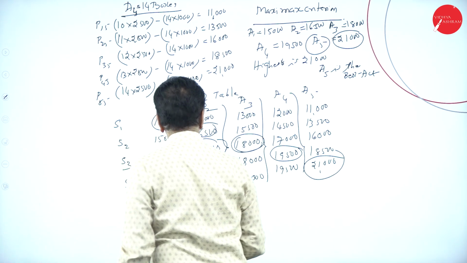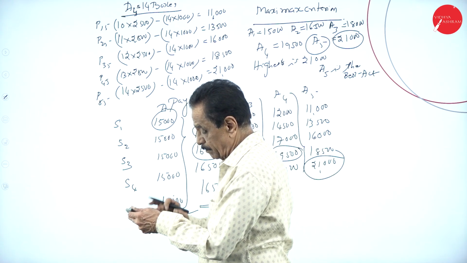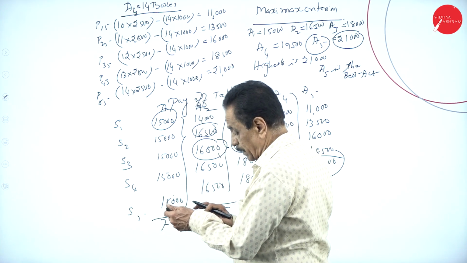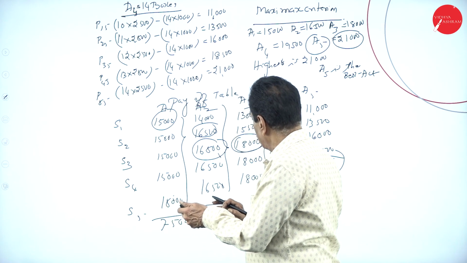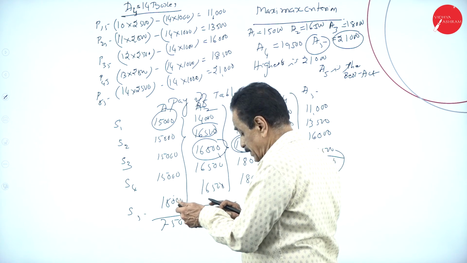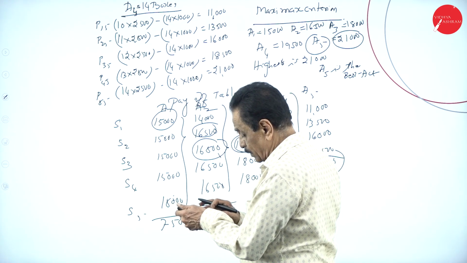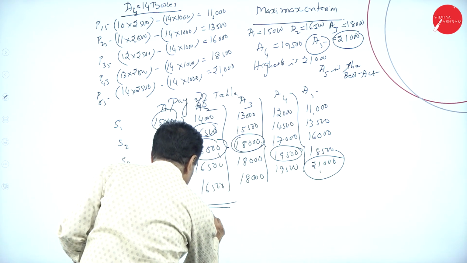Add this: A2 is 14,000 plus 16,500 plus 16,500 plus 16,500 plus 16,500, which is 80,000.